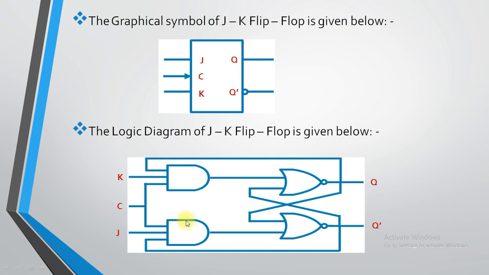Now there is a change over here. Whatever the output of Q is, that is the input of Q in this XOR gate.